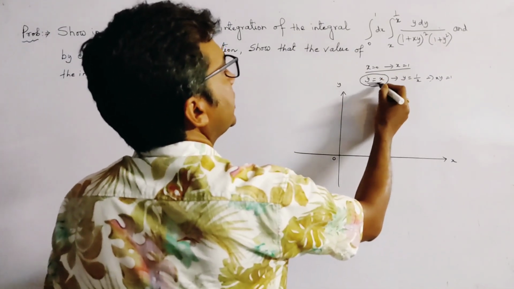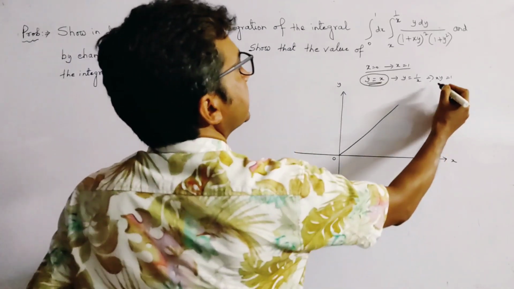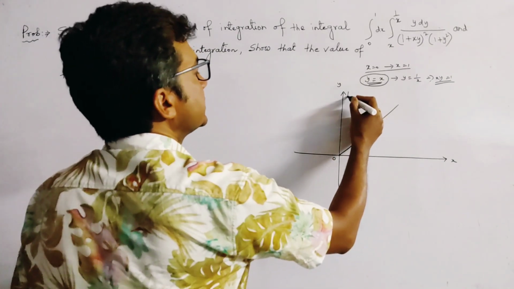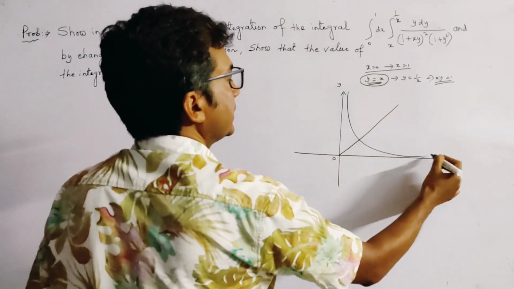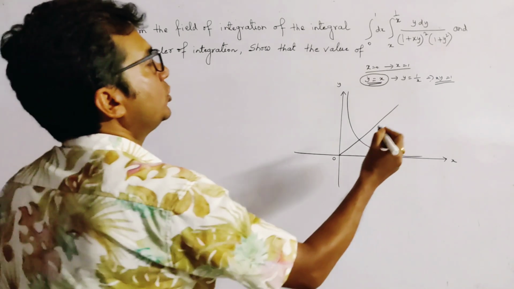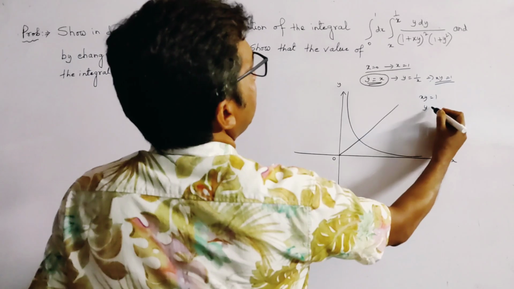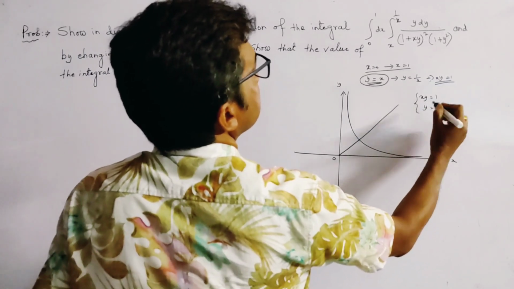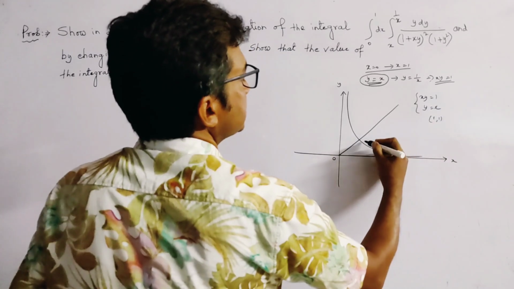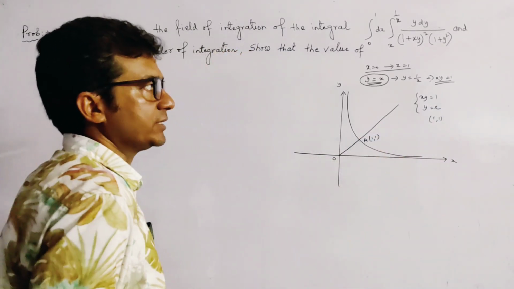The first is y equal to x, this is the straight line, and the second is the rectangular hyperbola, approximately like this. And we know that xy equal to 1 and y equal to x have the common point of intersection, which is (1, 1). This is the point A, this is (1, 1), right?